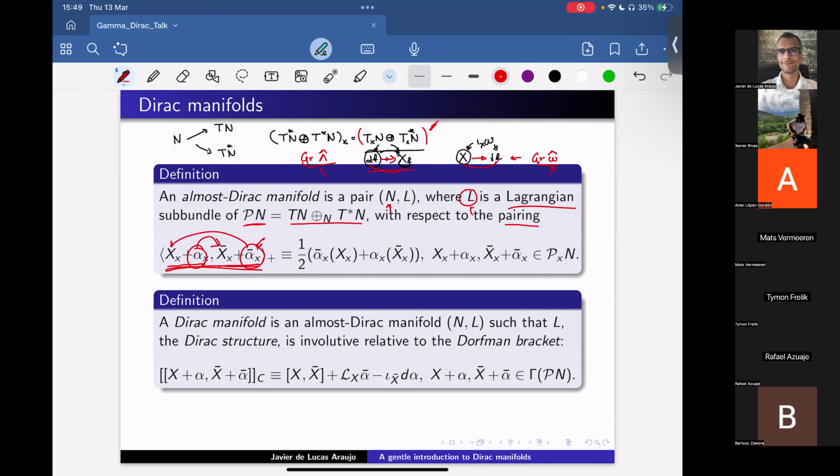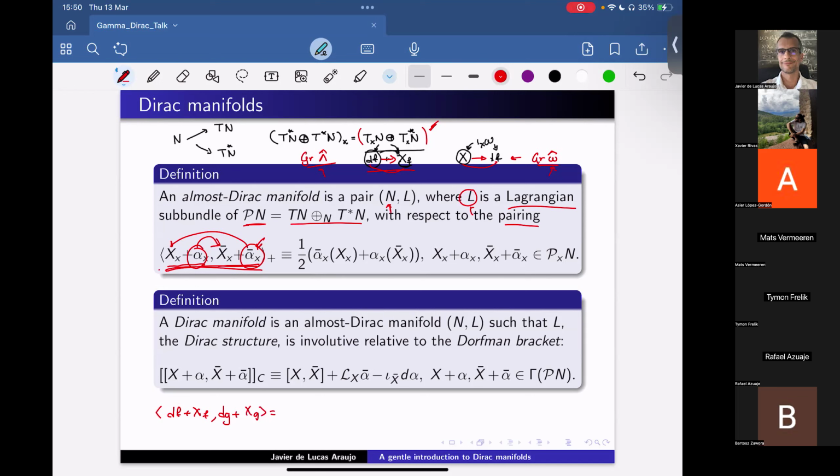So an almost Dirac manifold is a subbundle of rank the dimension of the manifold, okay, such that this pairing vanishes on elements of it. And indeed, in the case of symplectic geometry, you have a section of this type, and you can have a section of this type.